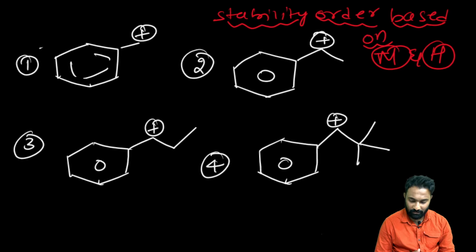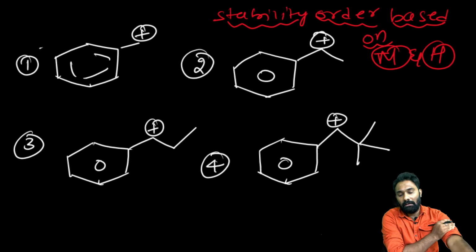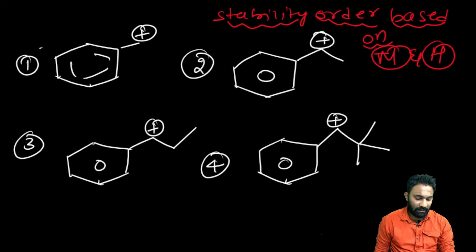On the basis of plus M, he is asking the stability of the carbocation on the basis of mesomeric effect and hyperconjugation effect. The order is being asked. If anyone in the live, they can tell me the order.